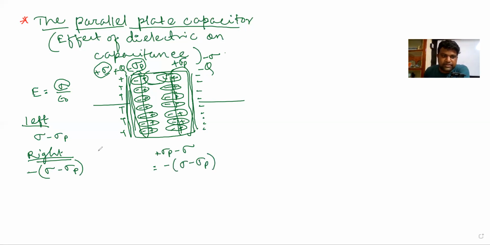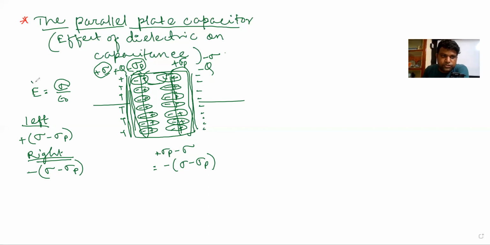Why am I writing it this way? To make the left side and right side the same form, sigma minus sigma p. So we can say the left side has a net charge density plus sigma minus sigma p, and the right side has the charge density minus of sigma minus sigma p.